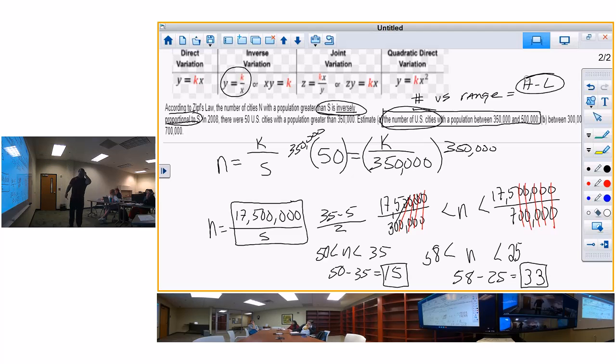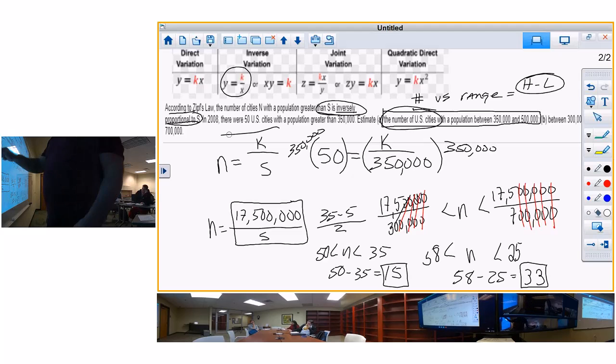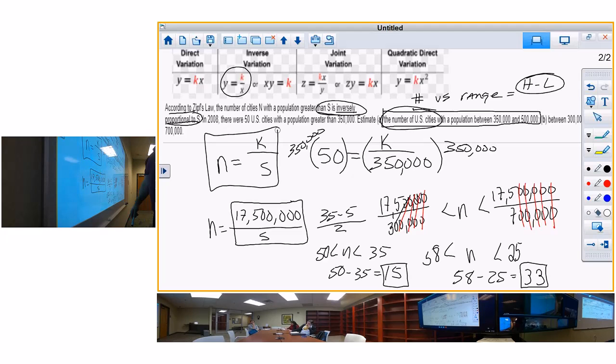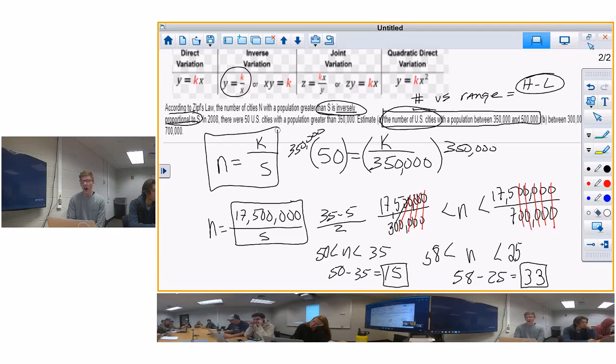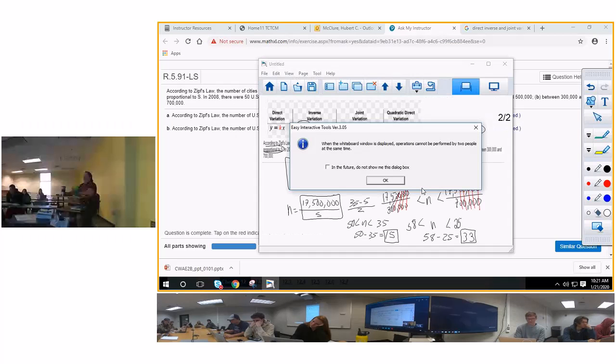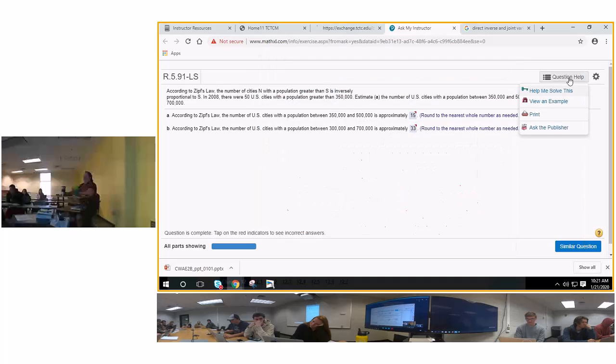But they're using inverse variation, which is this right here. I'll ask you an inverse variation question, but I don't know if I'm going to ask you that one, because they're assuming that you know more than the question's asking as far as the context. I don't like that part. But they would have to use the range.